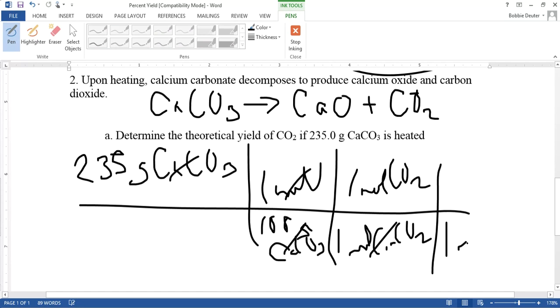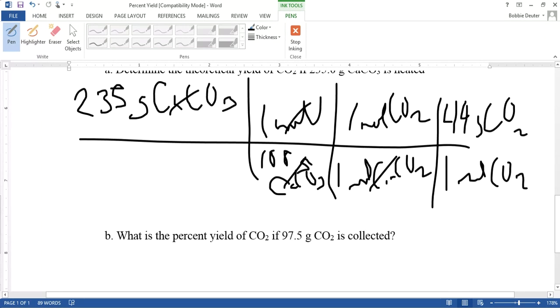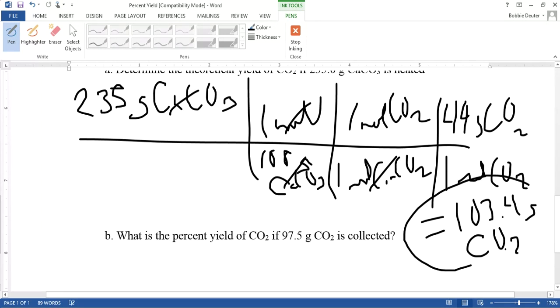We can go from moles of CO2 into our molar mass, because it's grams per mole, which is 44 grams of CO2. Multiply it out, and this would equal 103.4 grams of CO2. This is our theoretical yield.